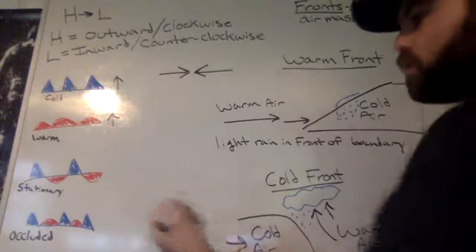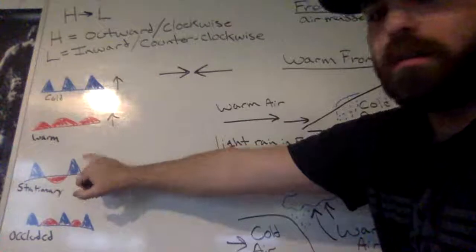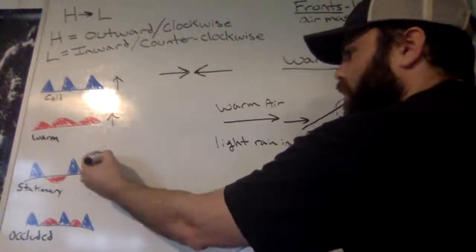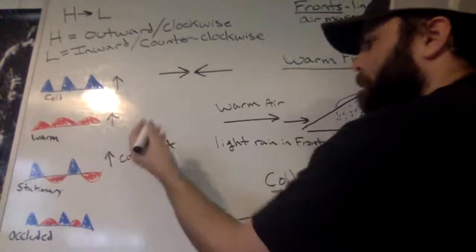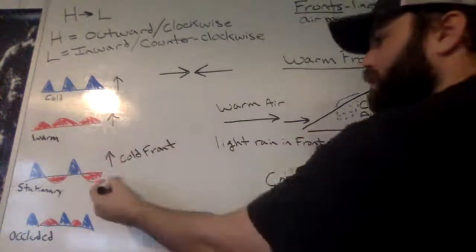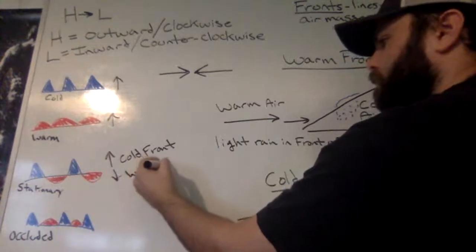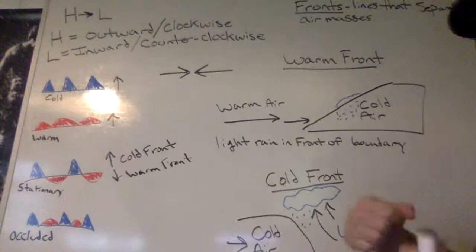If you look closely, you'll notice that my cold front symbols are going up this way, so the cold front is going north. But my warm front symbols are going south. Because they do this, they're not moving at all.